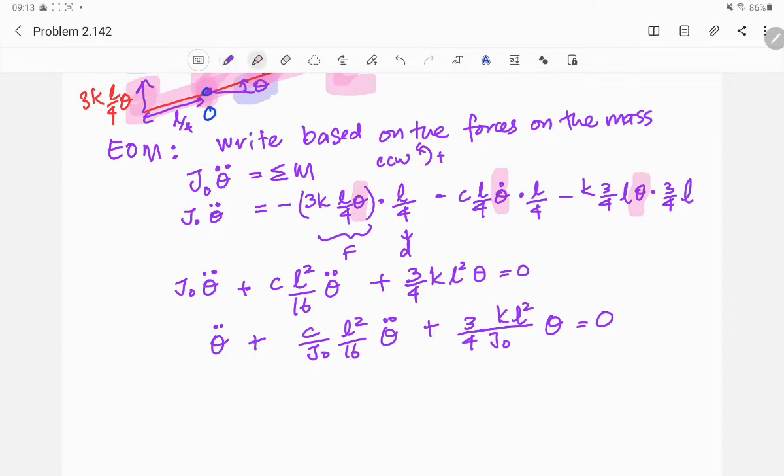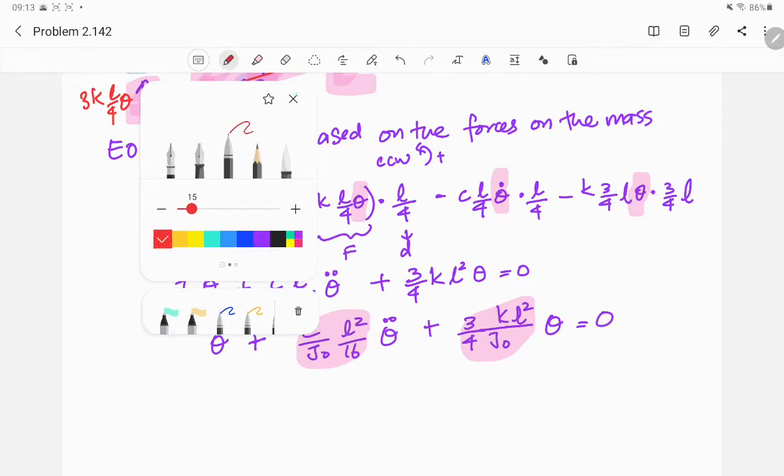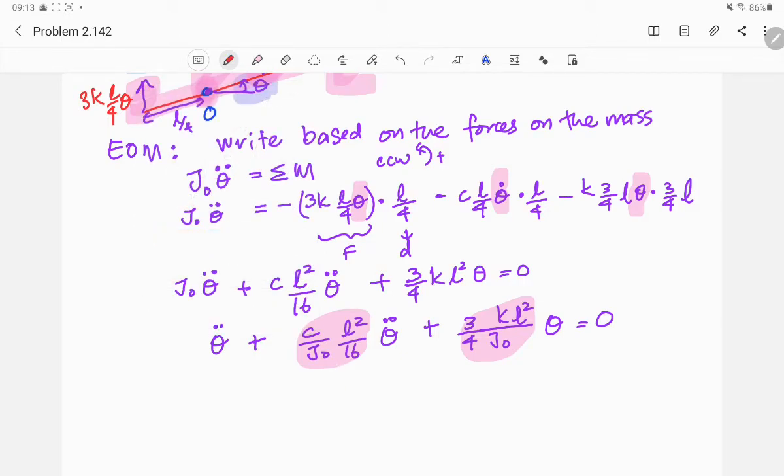So basically, just in case these questions ask you to find zeta, and given all the values, this will be your equivalent. Okay, this will be your 2 zeta omega n, and this one will be your omega n square. There are also some questions that want you to get your J equivalent.